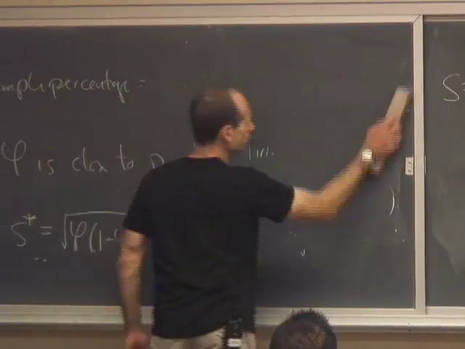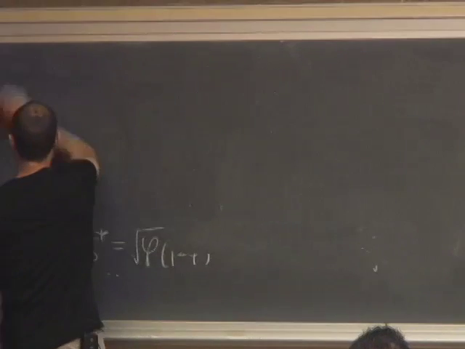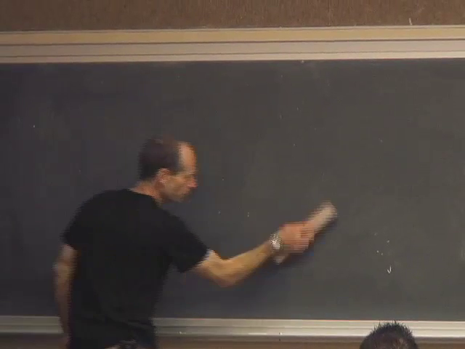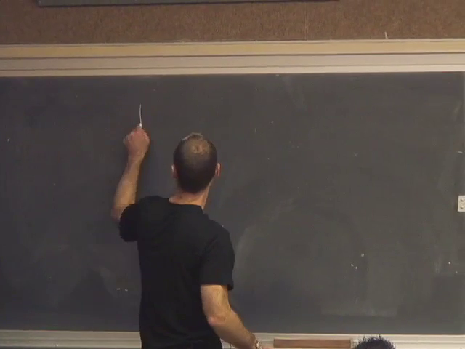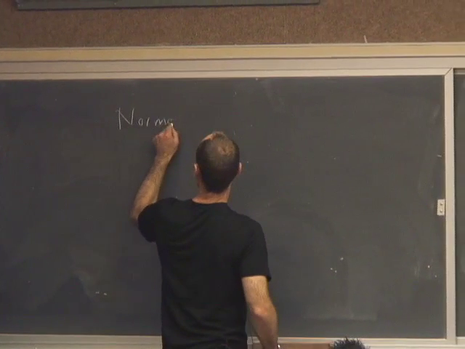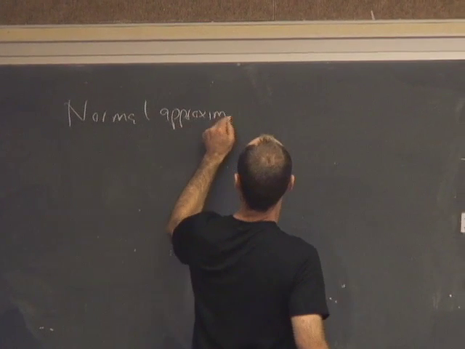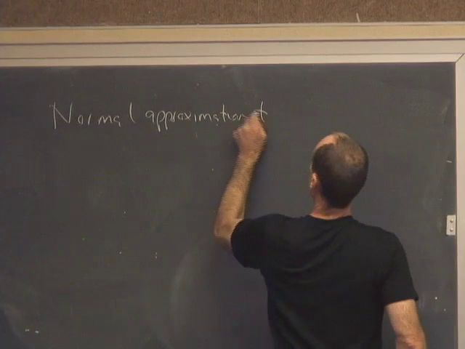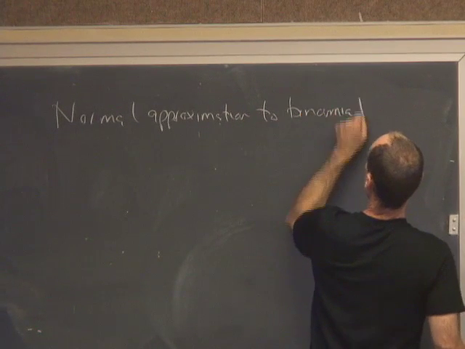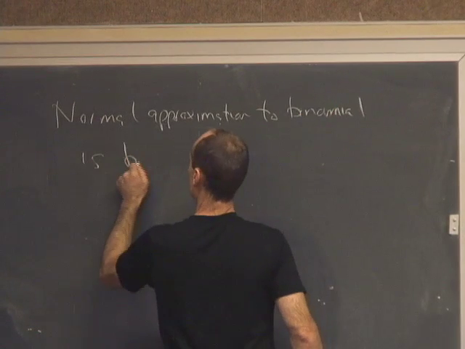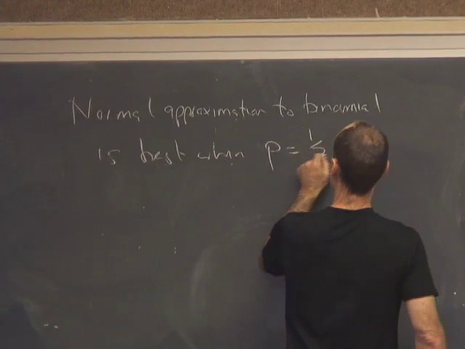Okay, there's a couple things going on. This doesn't have anything to do with normal, but what you're saying is right. So let me see if I can just repeat the idea. So the following is true. The normal approximation to the binomial is best when p is equal to a half.